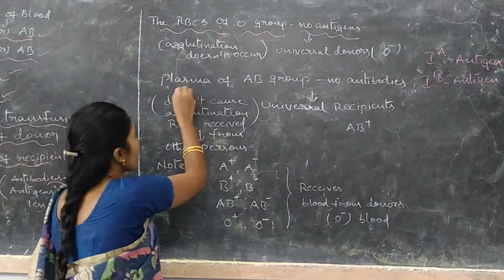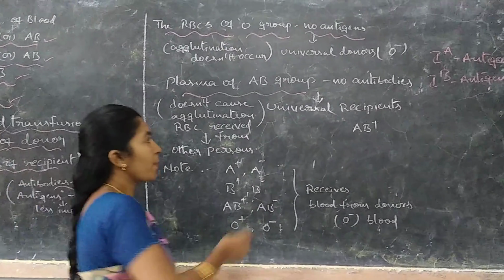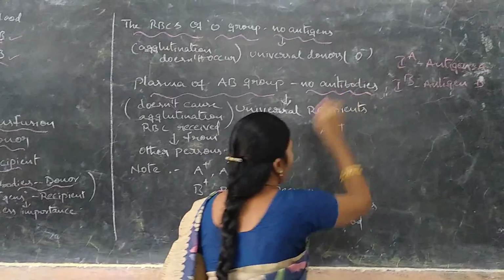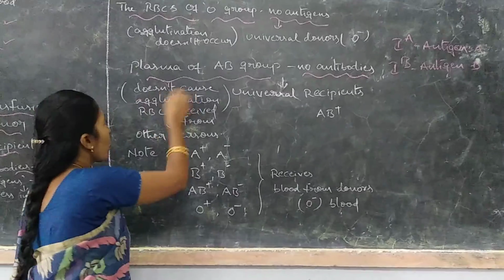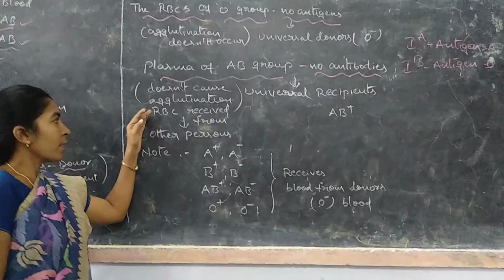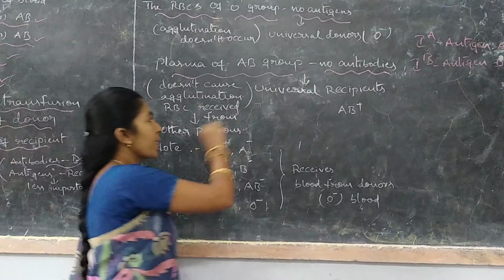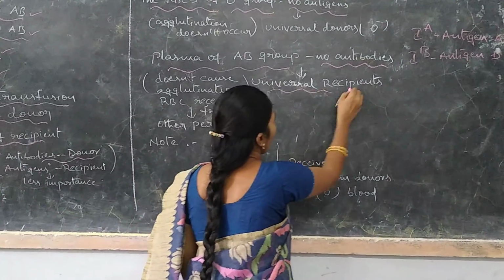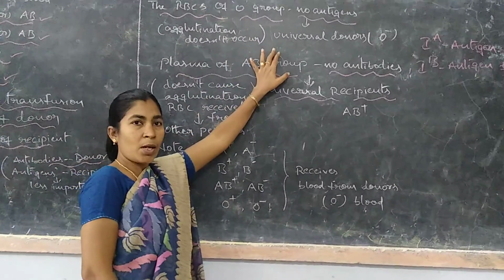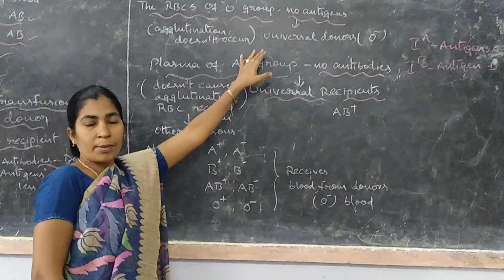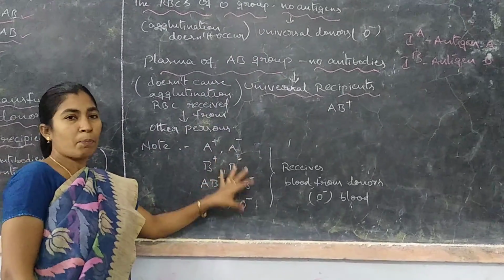Then, my dear students, the plasma of AB blood group has no antibodies. Antibodies are absent, so it does not cause agglutination when RBCs are received from other persons. So we consider this the universal recipient. The universal donor has no antigens, so it donates to all four types of blood group persons.